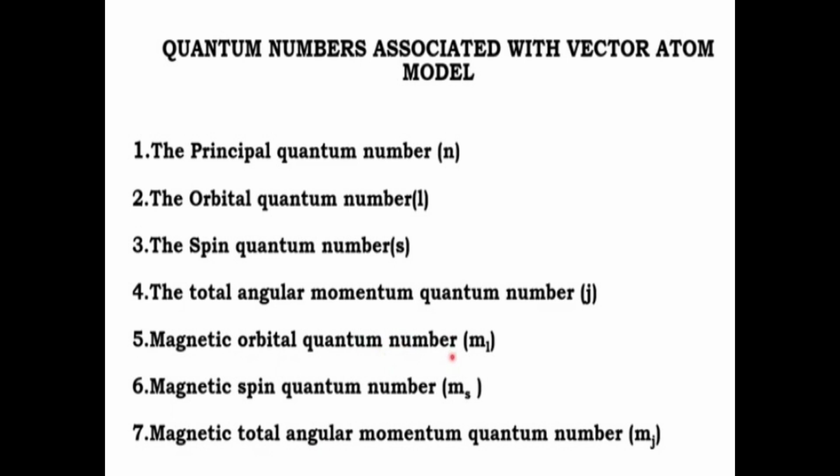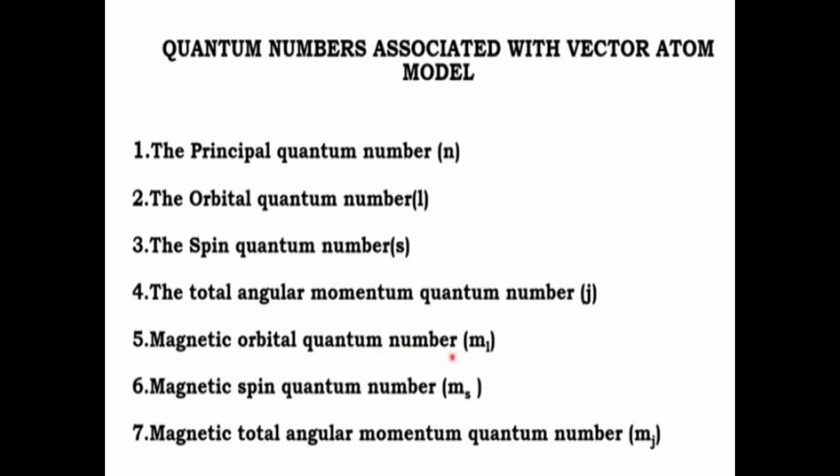In 1911, Rutherford performed a number of experiments on the scattering of alpha particles by a very thin gold foil. There are many models to explain the atom, like the Rutherford nuclear atom model, the Bohr atom model, then the vector atom model. In this topic, we are going to discuss quantum numbers associated with the vector atom model.